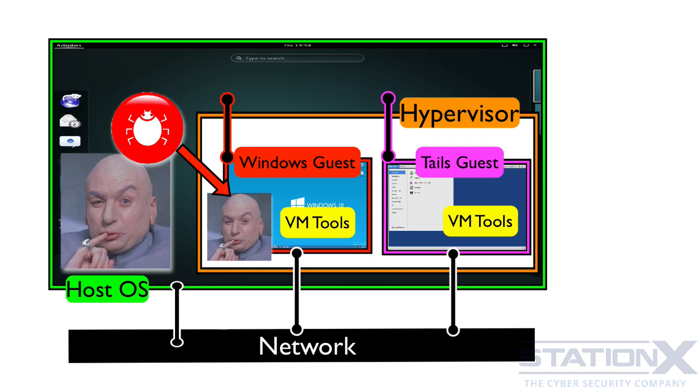Maintaining the security of the host operating system is of paramount importance, highlighting the need for a separate secure laptop for high-stakes situations where you're considering using virtualization as your isolation and compartmentalization security control.